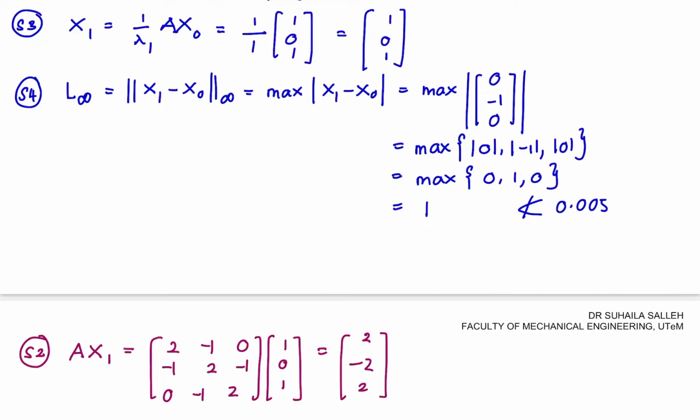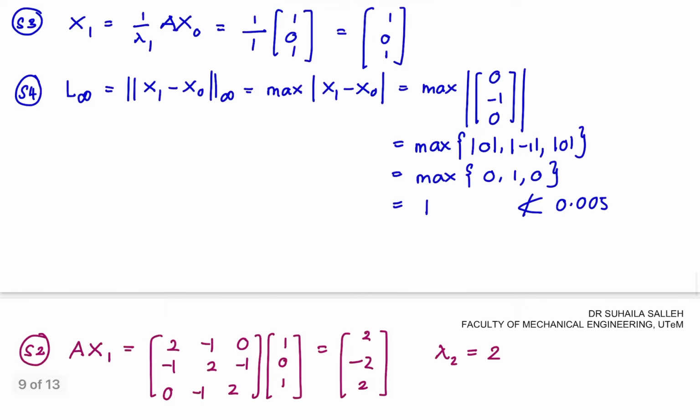Which one has the largest absolute value? All absolute values are 2, so we take the one at the top. Lambda 2 equals 2.